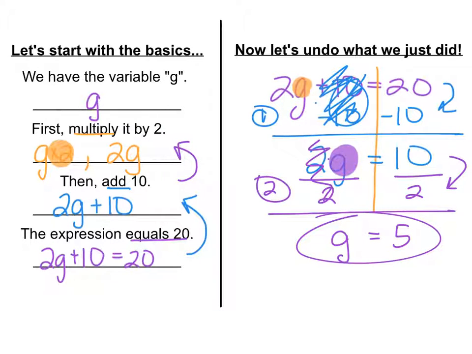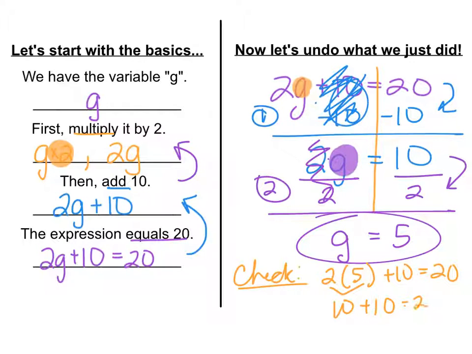However, like always, check your work. When I check, I had 2 times what I think is 5 plus 10, and it hopefully equals 20. Start with your multiplication. 2 times 5 is 10. 10 plus 10 is 20. It checks out. So g does equal 5. So notice the first thing we had to undo was that adding, and our second thing we undid was the multiplying.